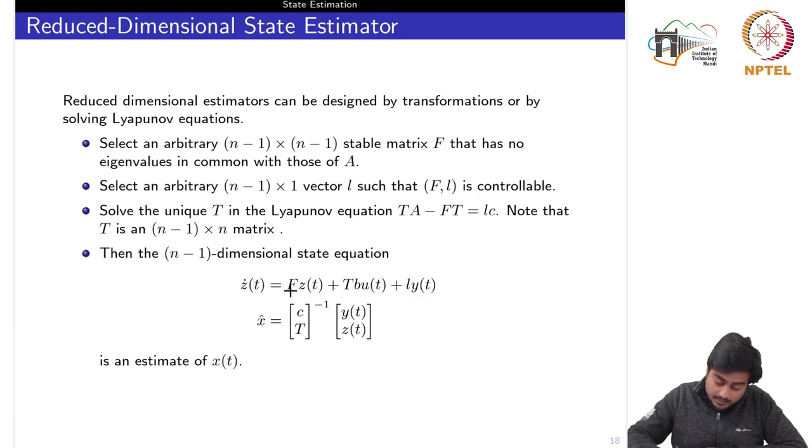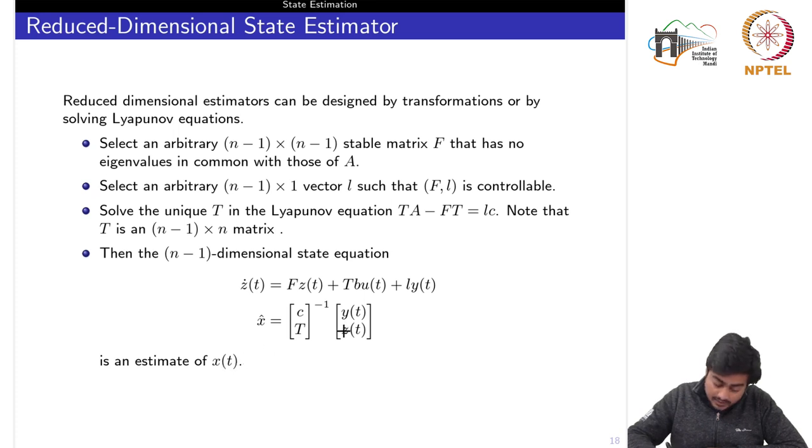It's just that the dimension of the associated matrices would change. And here x hat is given by the inverse of the matrix formed by concatenating the two matrices C and T, times the vector y and z. So here we say that this x hat is an estimate of x.